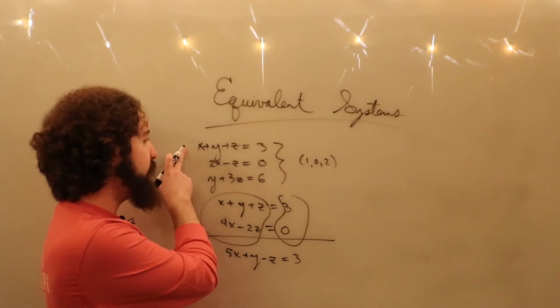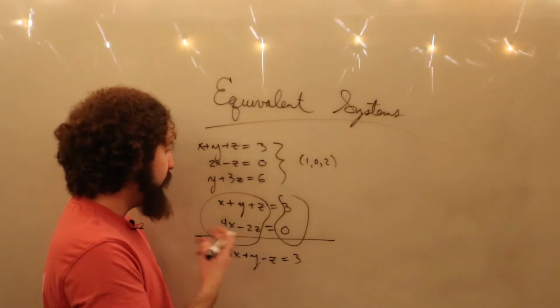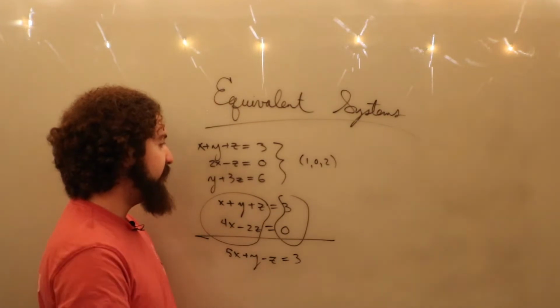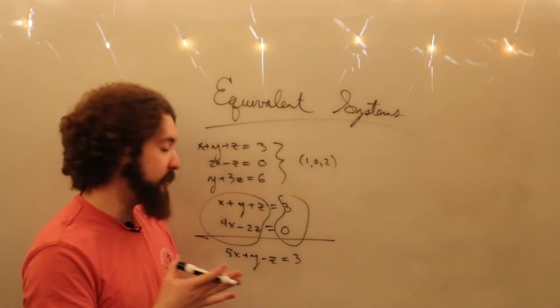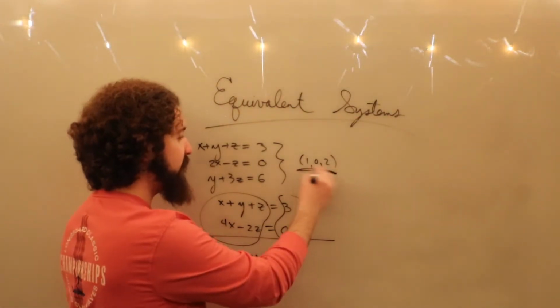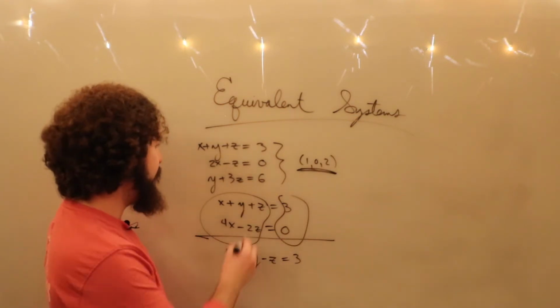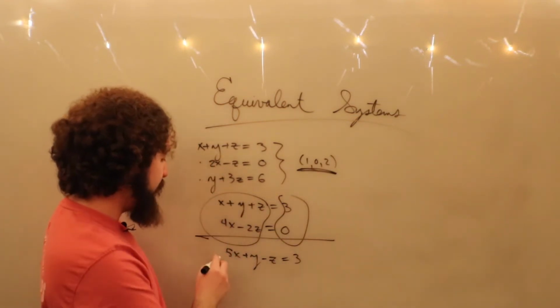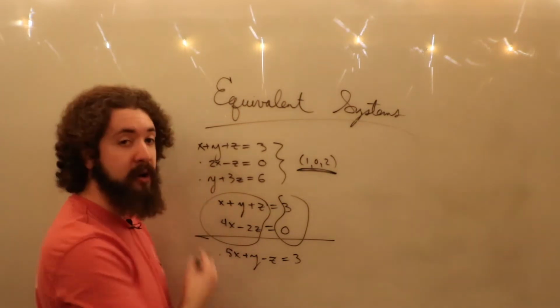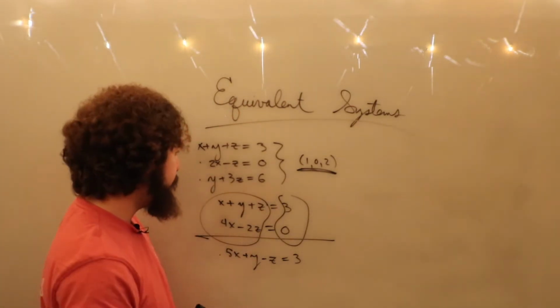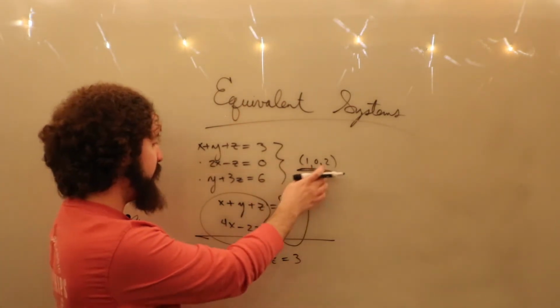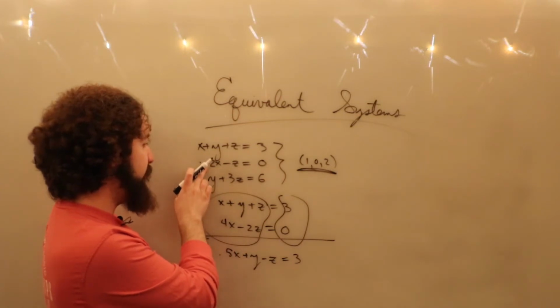Now the question we have to ask here is, when we added this multiple of the second row into the first row and replaced the first row with that, does it still have the same solution set? I claim this is still a solution of this equation, and this equation, which would be our new system of linear equations. We've already verified that 1, 0, 2 is a solution of this and this.